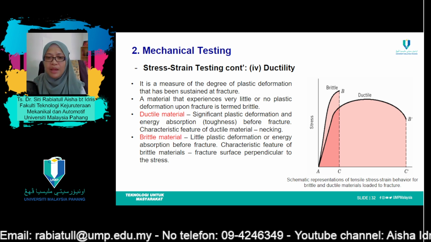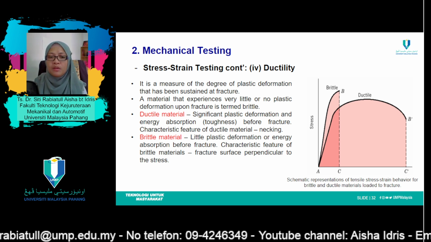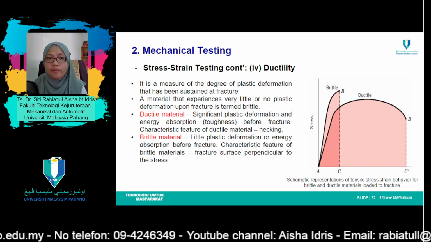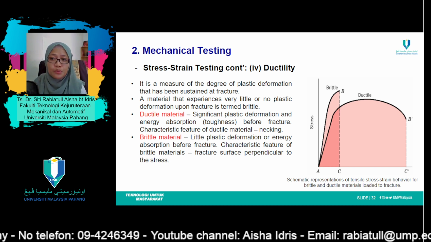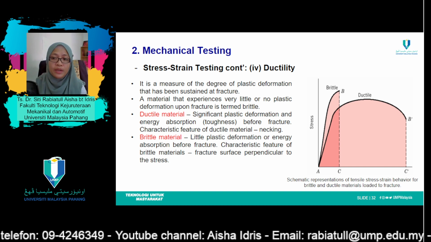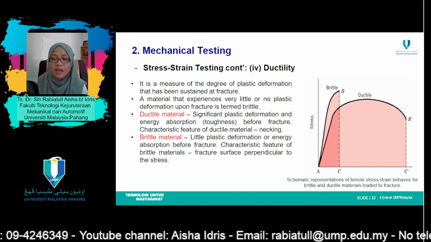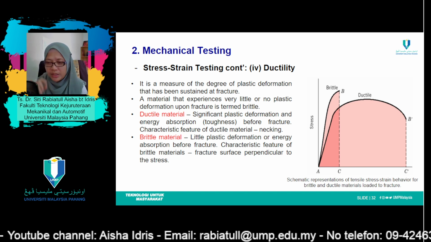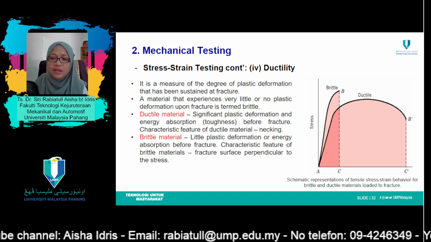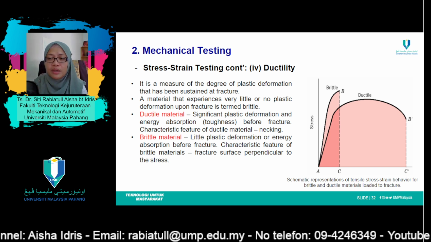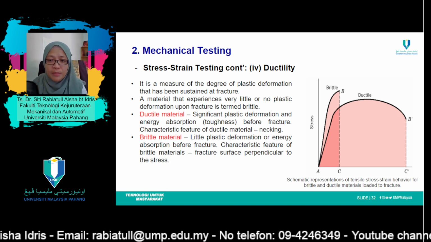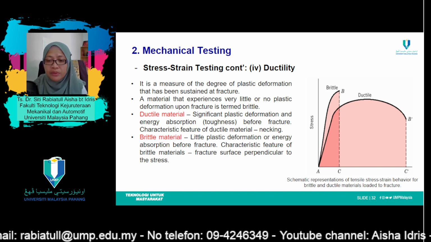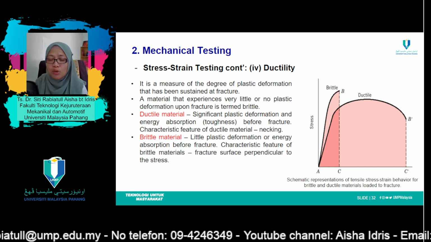Whereas if a material suddenly breaks straight away after the load is applied, without any deformation, that is known as a brittle material. The structure failure is different for brittle and ductile materials. For ductile material, there will be necking, whereas for brittle material, the fracture surface is perpendicular to the stress.